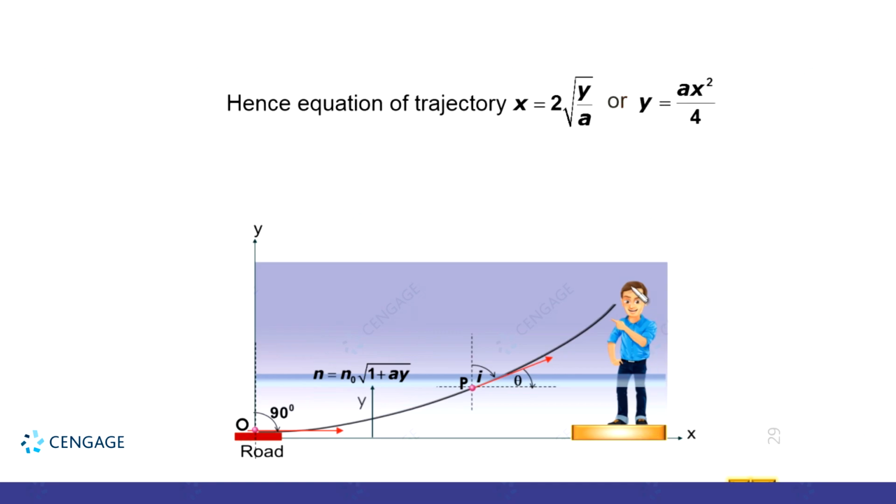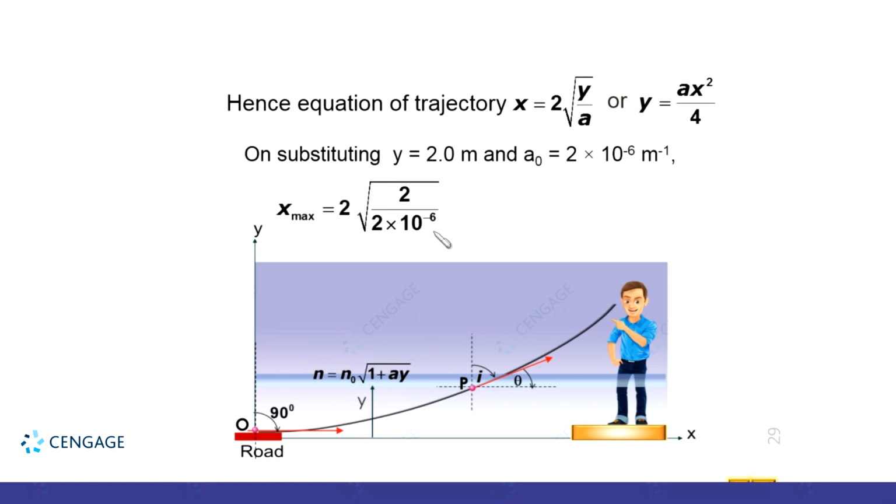Now we know the height of the eye level is 2 meter, and the value of a, that is the constant, equal to 2 into 10 to the power minus 6. Now we can substitute the value of y and a. We have written a naught here, right? So after substituting the value, we can get the value of x, because we know the value of a and y.